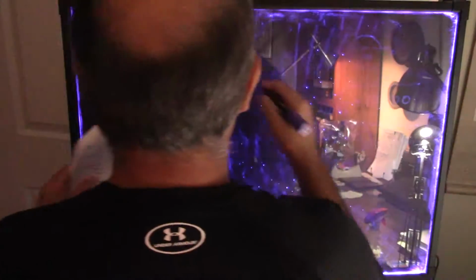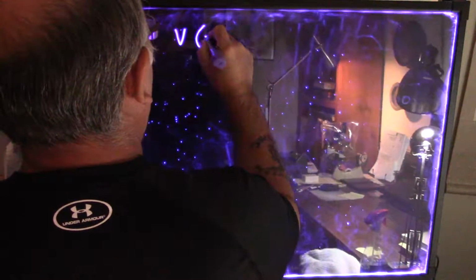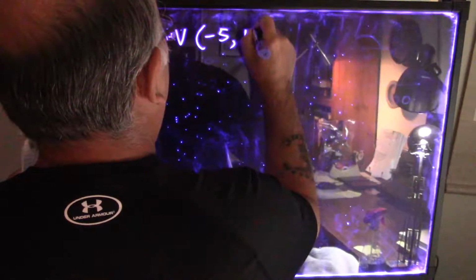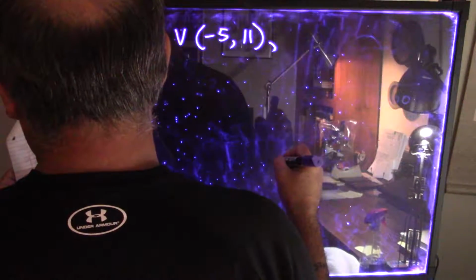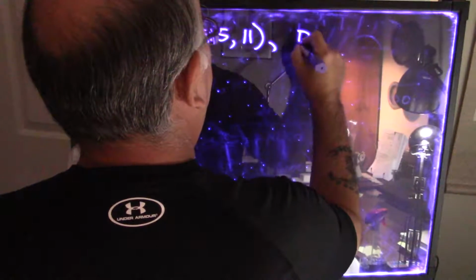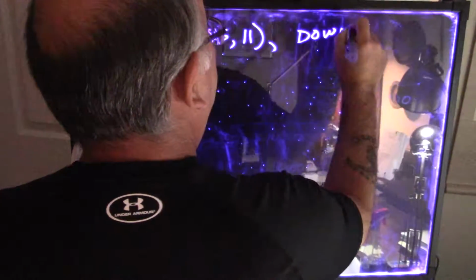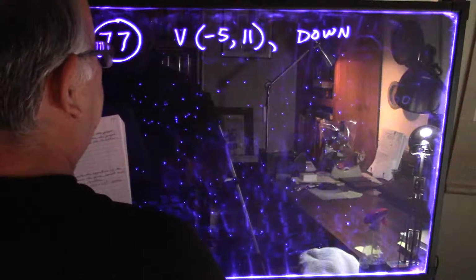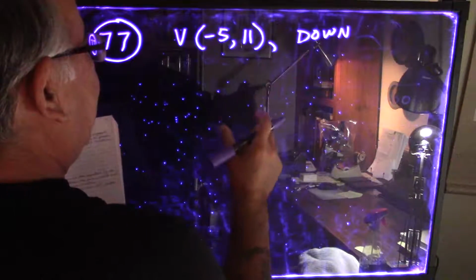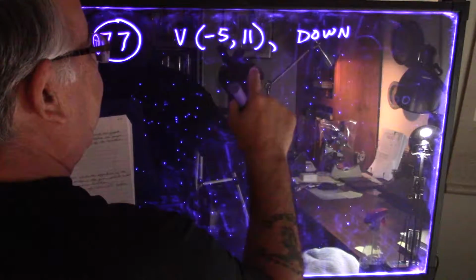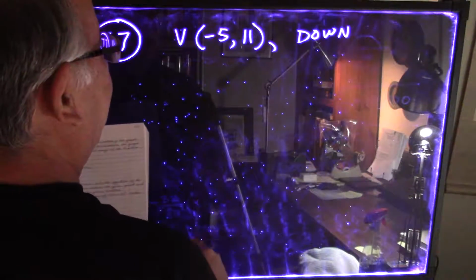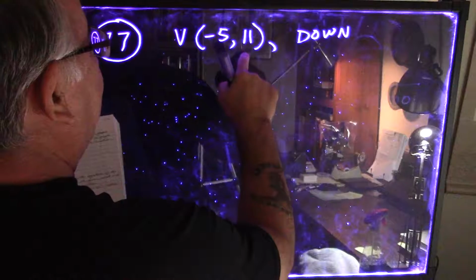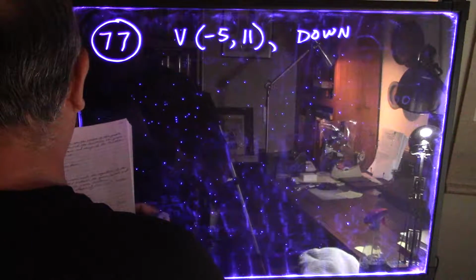Number 77. Vertex is (-5, 11), and opens down. Okay. So since it opens down, the vertex would be the highest point on the parabola, and the y value there would be the maximum value of that parabola.